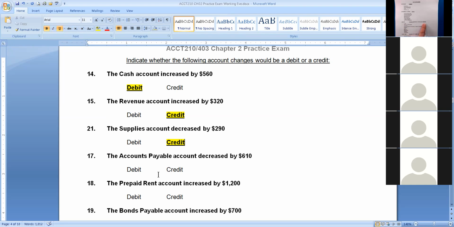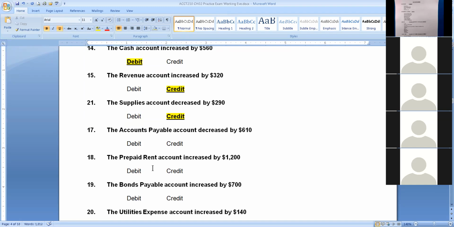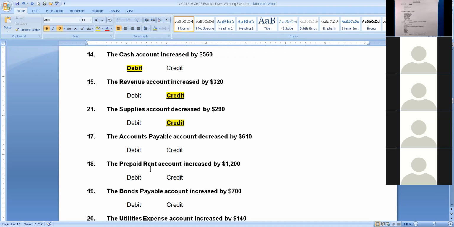And by the way, once you get used to going through these, for myself, assets was the one that clicked first. Any asset that goes up is a debit, any asset that goes down is a credit. And you deal a lot with assets. So anyway, expenses are debits, revenues are credits, and then if you can get the assets down.